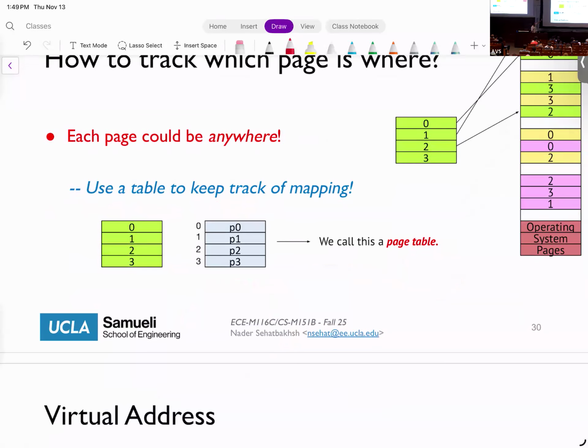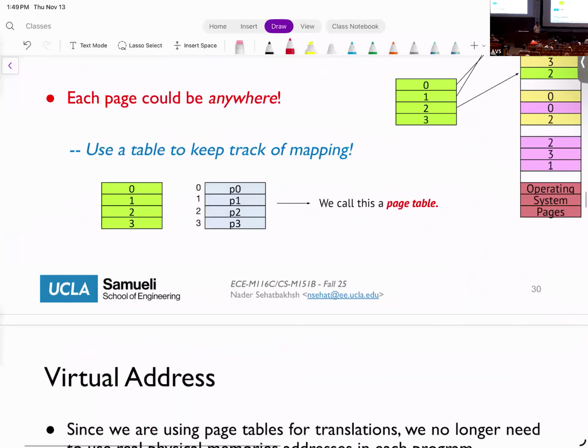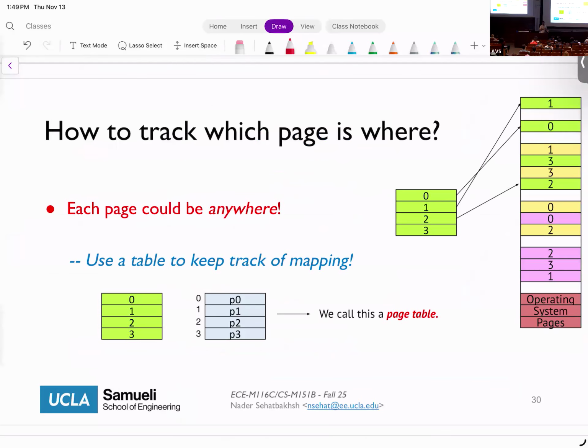Okay, so this additional table is just called page table, which has a number of rows. Each row has just one address, one physical address. Okay? So essentially the idea of translation is now that you take the address in the virtual memory on the CPU side, you go to the page table, you find the physical address, and that will give you the actual address of your design.